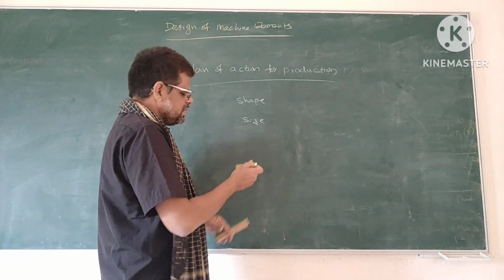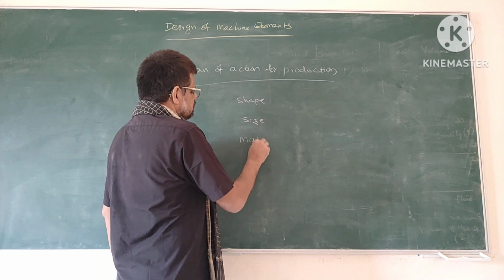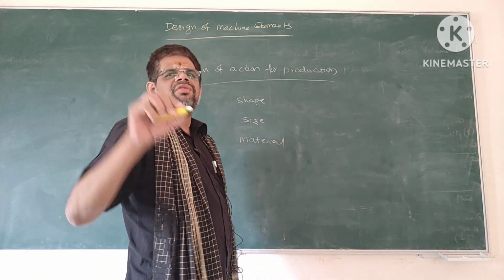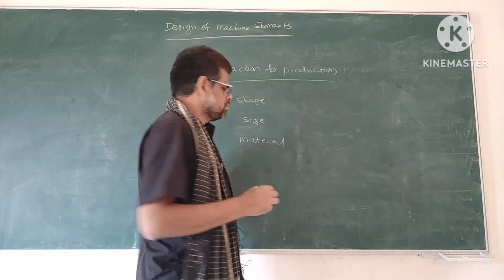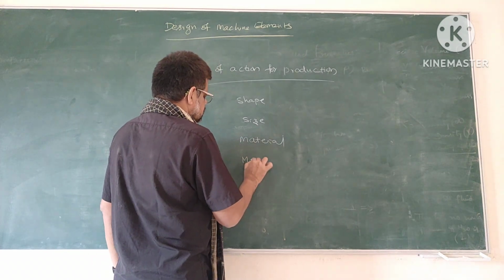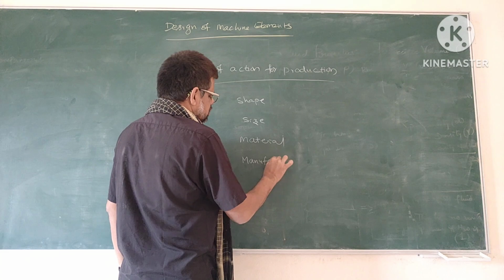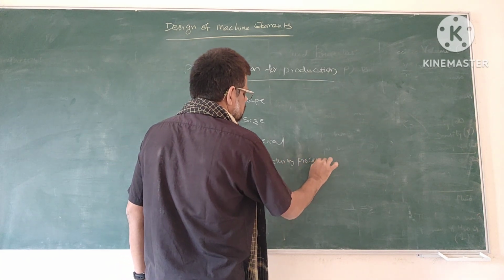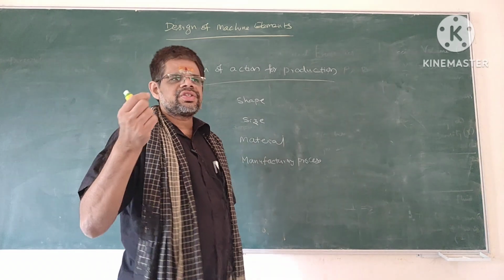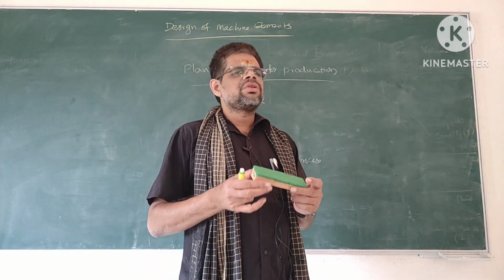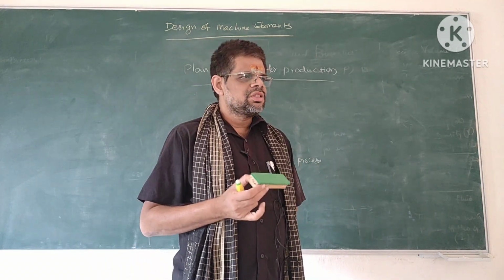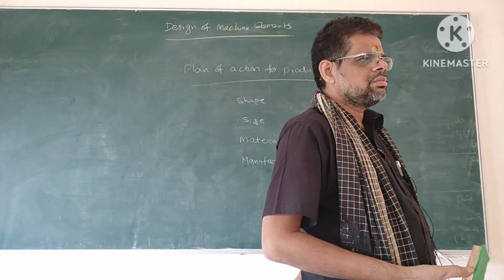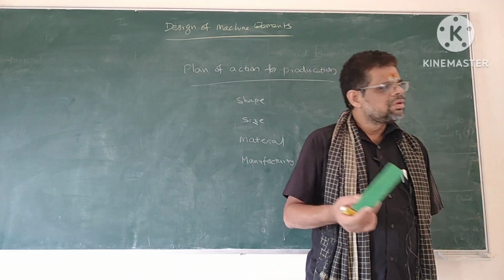Once the material is decided, you have to look for the manufacturing process. In which manufacturing method are you going to produce this? So what are the different manufacturing methods? Tell me. Foundry. Casting.